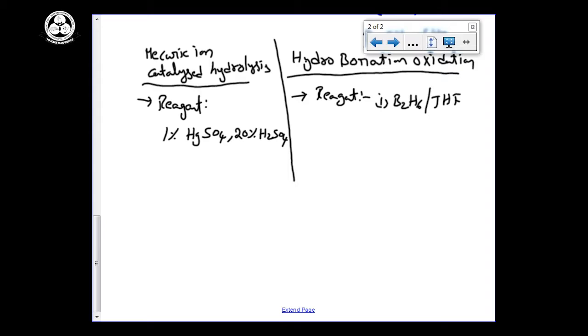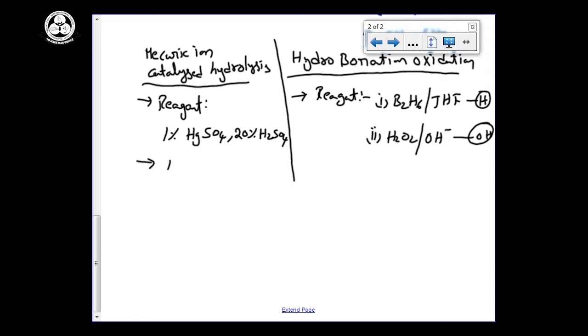Tetrahydrofuran can control the dimerization of B2H6, so we are adding it slowly. Here you have to memorize that hydrogen is coming from here. And second one is oxidation, H2O2 in presence of base OH minus. Here OH comes from H2O2. We want to add water, so hydrogen is given by B2H6 and OH is given by H2O2.